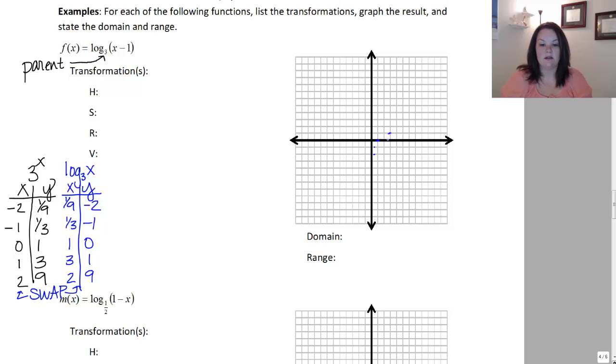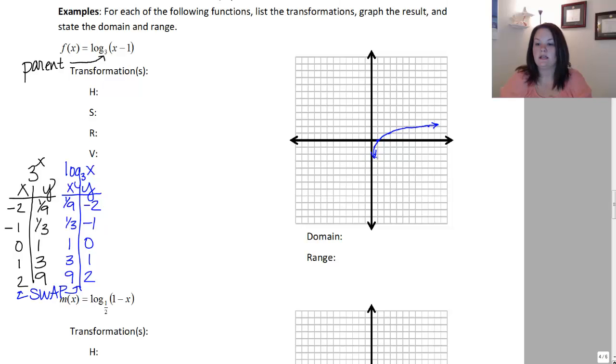And at 2, oh, whoops, I didn't swap those last ones. Sorry. Instead of 2, 9, that should be 9, 2. So out at 9, I'm up at 2. 1, 2, 3, 4, 5, 6, 7, 8, 9, up at 2. So this is what my original log function looks like.